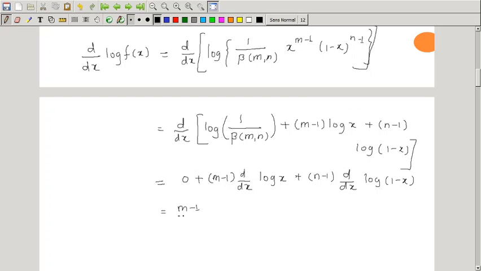So this is m minus 1 upon x plus n minus 1 upon 1 minus x, and the derivative of minus x is minus 1. So which is equal to m minus 1 upon x minus n minus 1 upon 1 minus x.